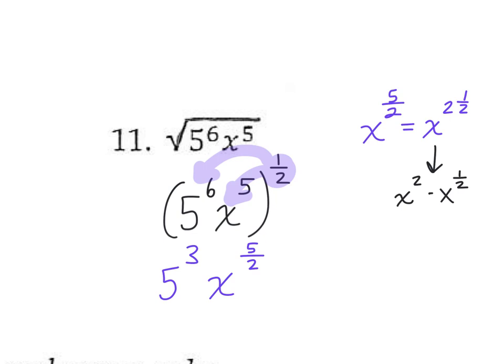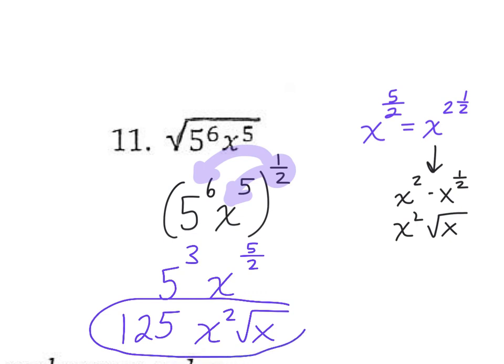This helps us simplify because x squared has no rational exponents, and x to the 1/2 is just the square root of x. So our fully simplified form here would be 5 to the 3rd power, or 125, times x squared times the square root of x. I know this is simplified. All my exponents are whole positive numbers, and my radicals contain no perfect squares, in this case with a square root.